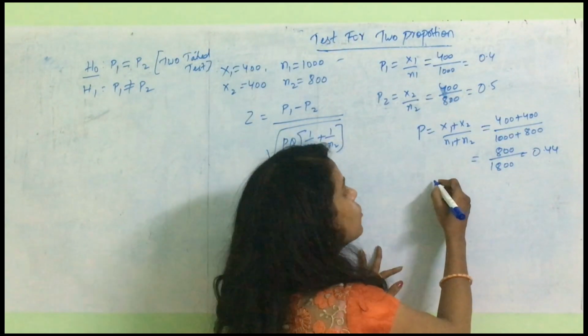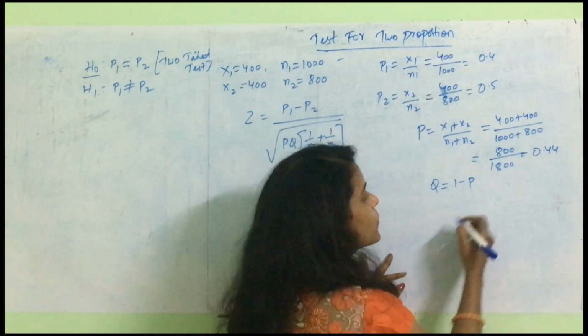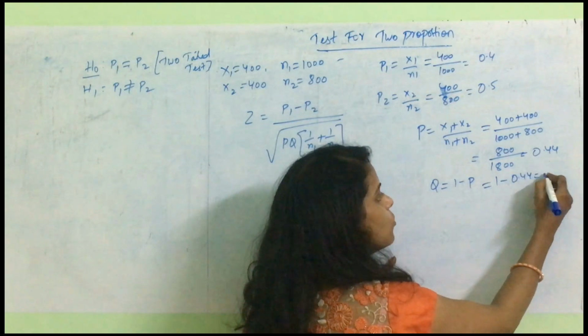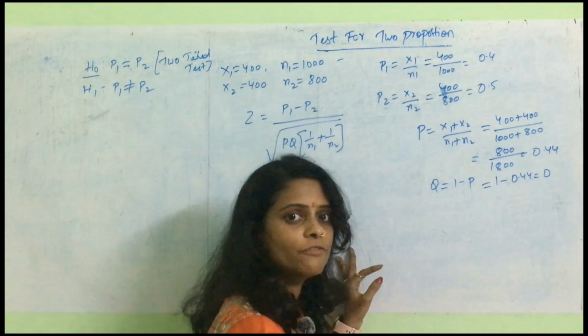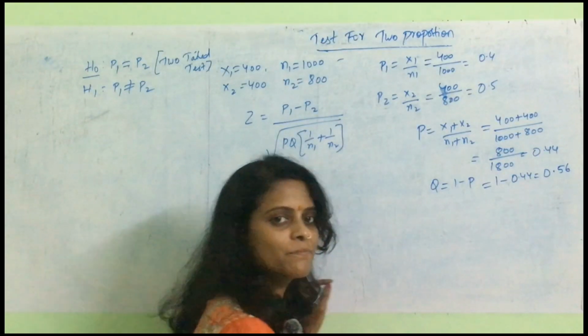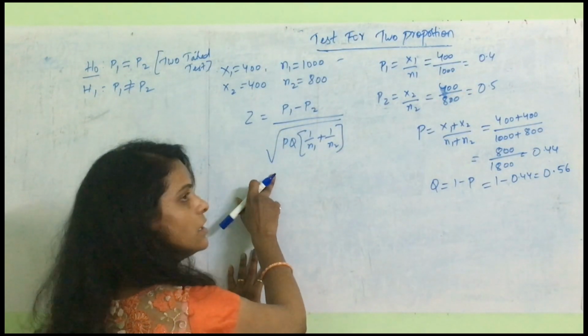Now what we have to find out is Q. What is Q? 1 minus P. So that is 1 minus 0.44, which is 0.56. Now let us substitute all the values in the formula.